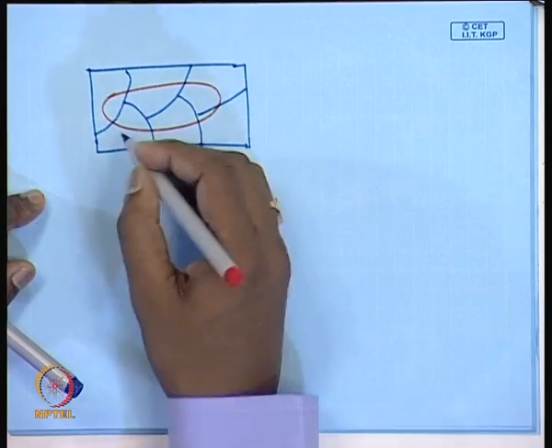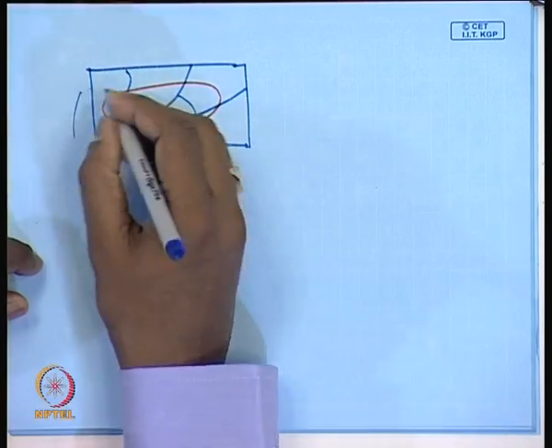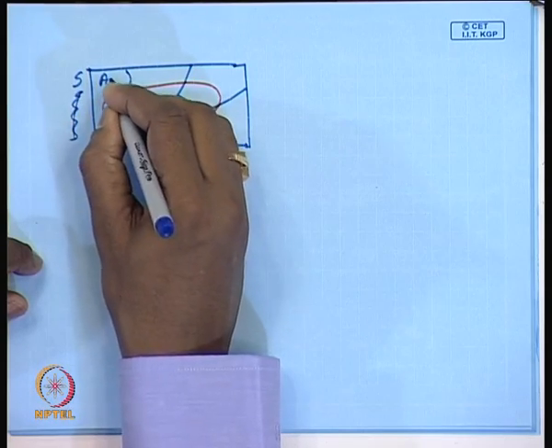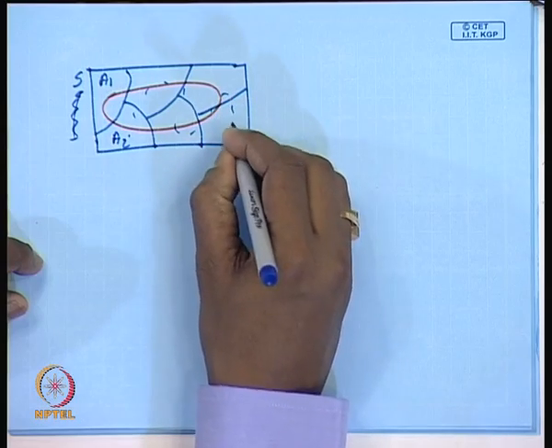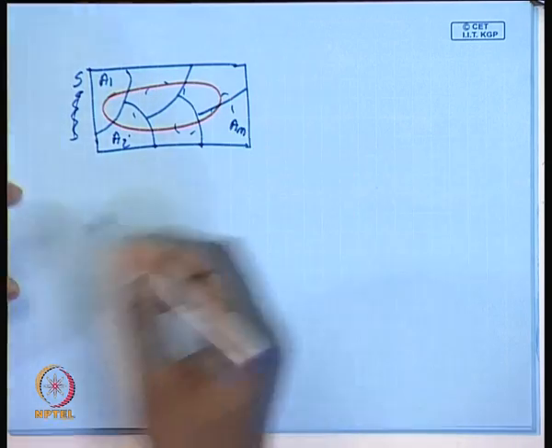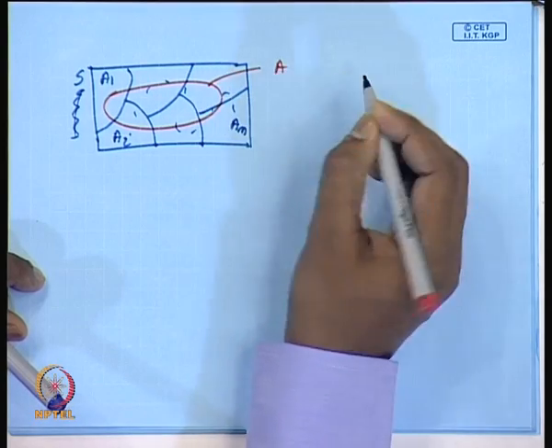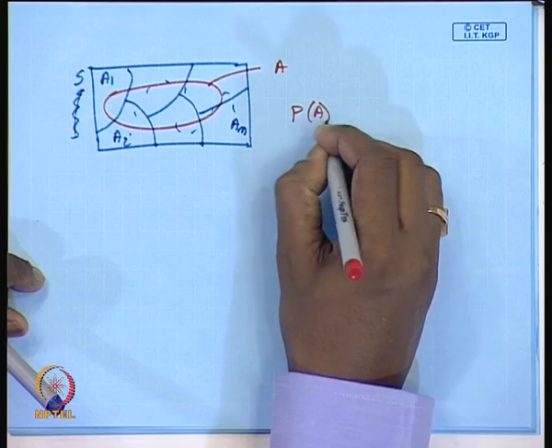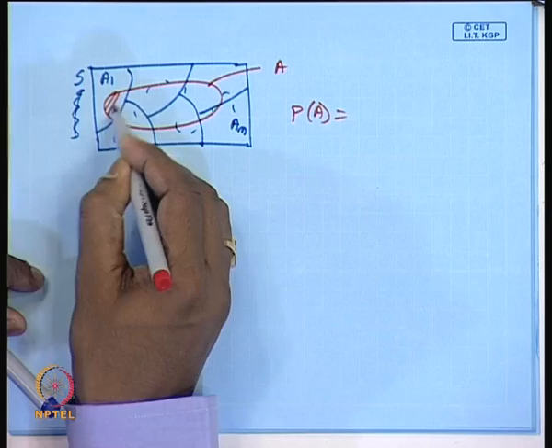If I say that these are all the partitions, where this is total S, this partition is A1, A2, and it goes up to AN, and if I say that this event is your A, then this probability of A can be expressed as a summation of these particular areas. First is this area.